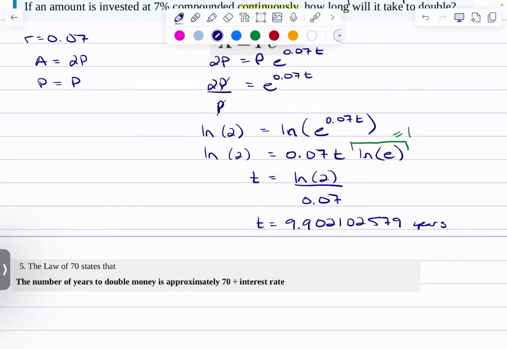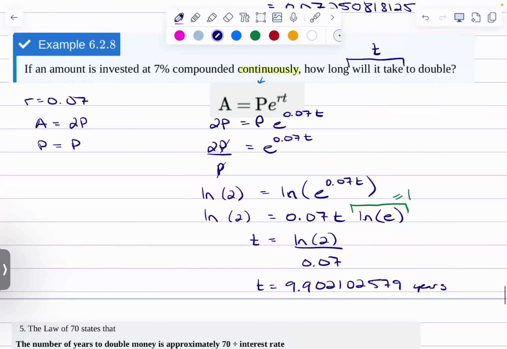So it's going to take 9.9 or almost 10 years for any investment to double at a rate of 7% compounded continuously.